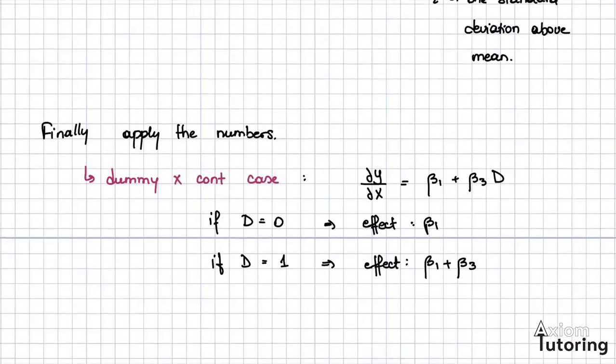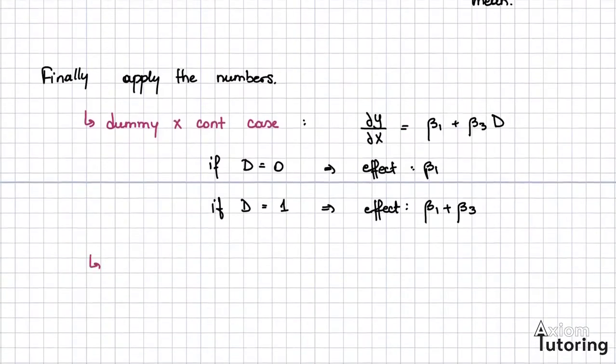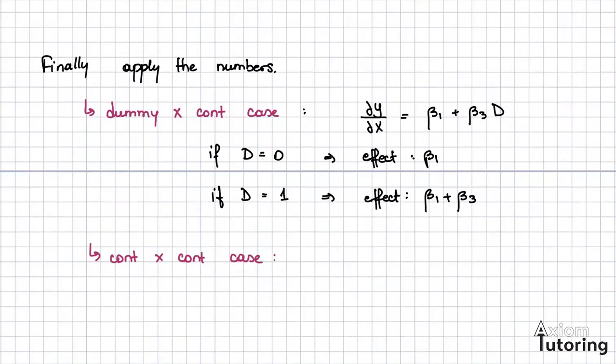Okay? In the case of continuous times continuous case, you will have, again, that delta y over delta x is equal to beta 1 plus beta 3 z, because now we keep the z as continuous, no longer as a dummy.